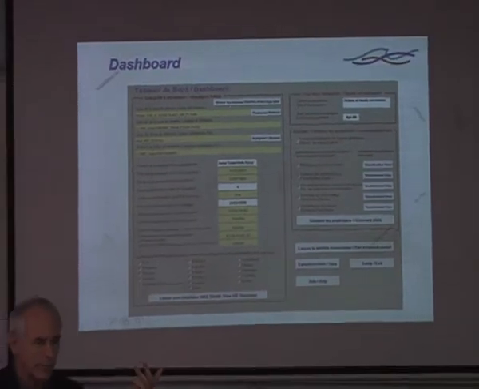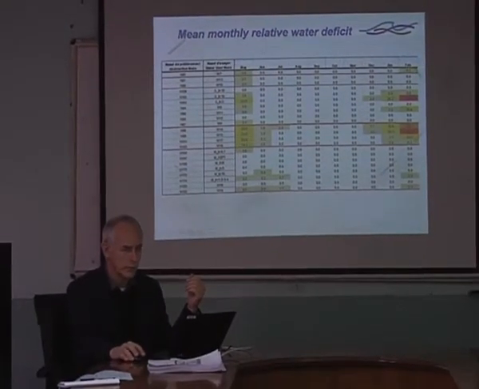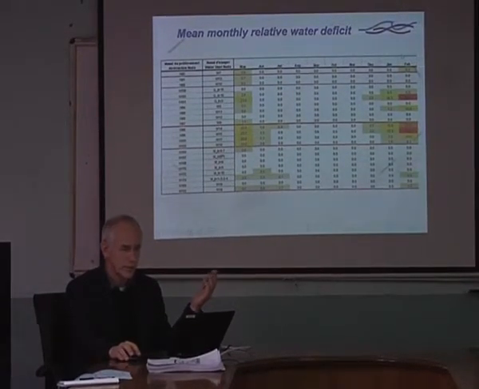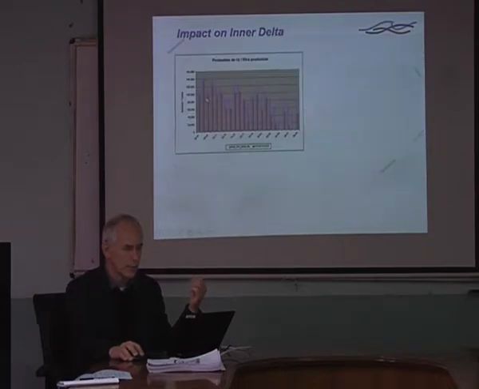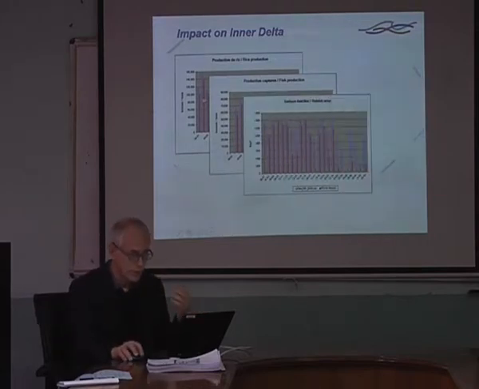This was actually just set up in Excel in those days, and you can then look into the scenarios for, like, relative water deficit. When would that happen, and in which part would that occur? What is the production of rice? What is the fish production?